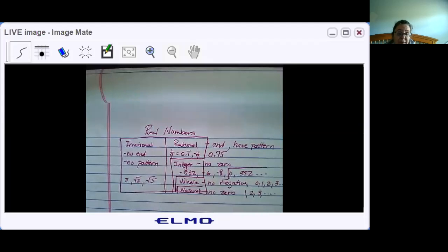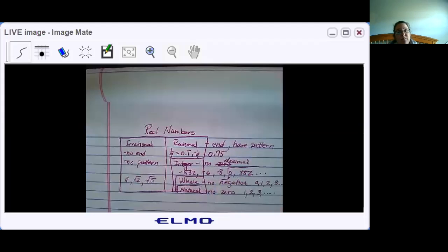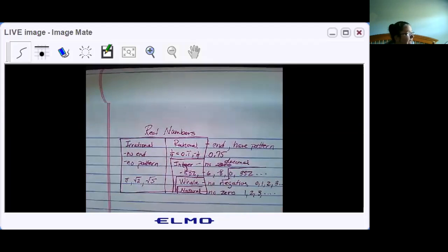Well, if it doesn't have a decimal, sorry, I should say decimal, not 0, if it doesn't have a decimal, then it can be an integer. If it's a number like 86 or negative 35 or 1 or 0, or negative 352, negative 5 million, those are all integers because they're numbers that we write without a decimal, okay?